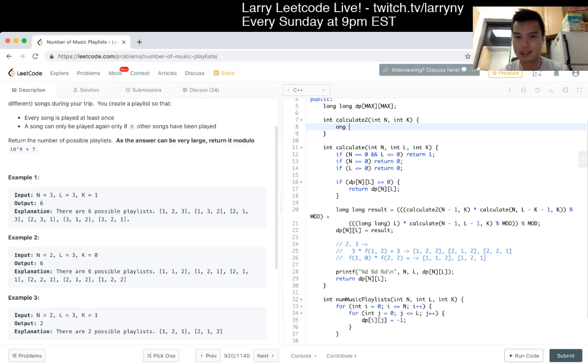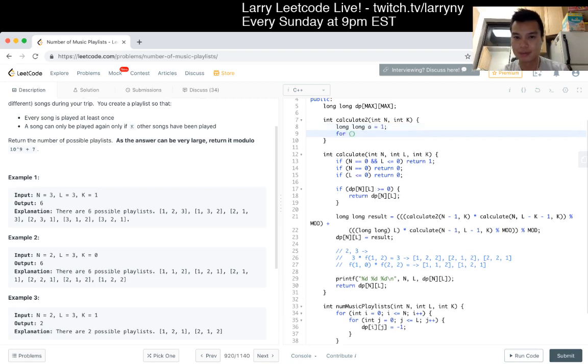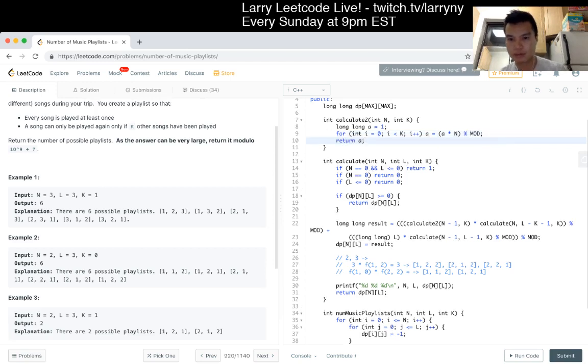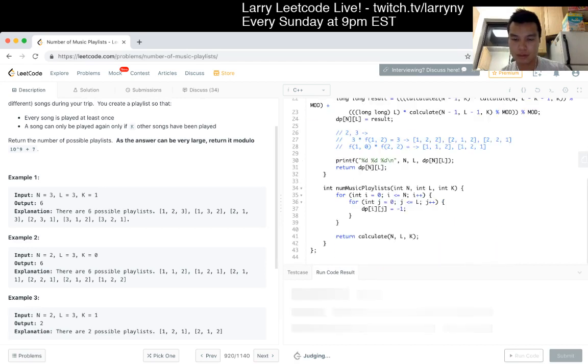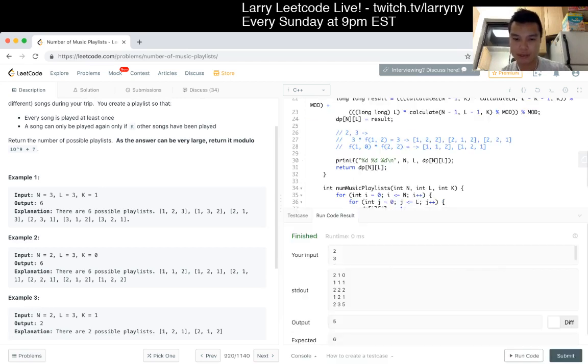I'm just going to do a lazy version just because of the mod stuff. Okay, so at least it's 5, which is correctly incorrect.